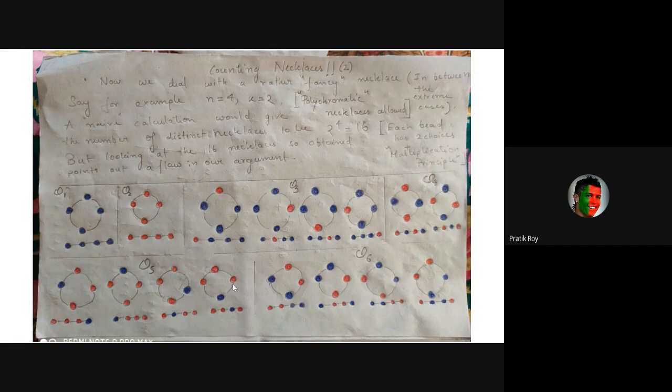That is true if we are talking about linear arrangements. But if we get the corresponding necklace arrangements, I have grouped them. We see that the groups I have named O1, O2, O3, O4, O5, and O6.